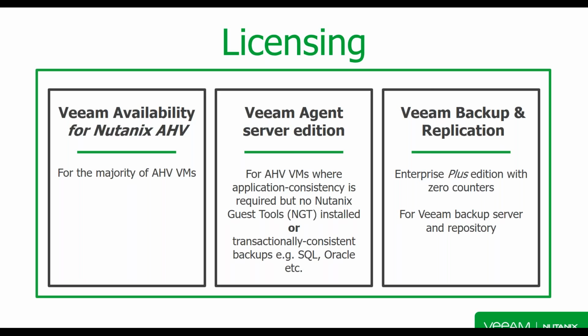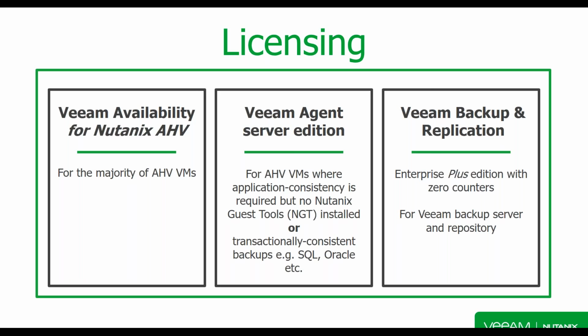You'll also get a set of Veeam agents, to Michael's point, in case you want that additional transactional capability, or if there's no guest tools installed. And we've also included Veeam Backup and Replication Enterprise Plus with 0 counters, because some people might not have Veeam at this time. So it's really designed to hit any kind of environment.